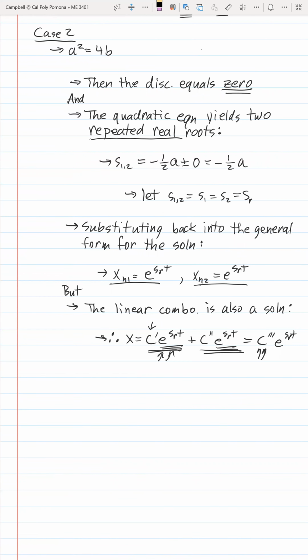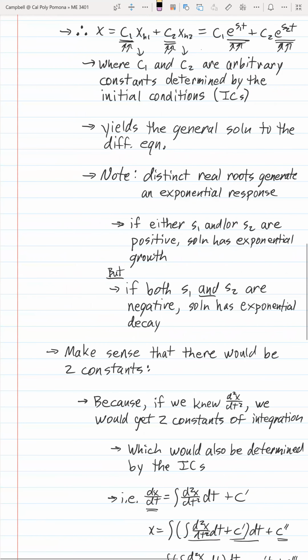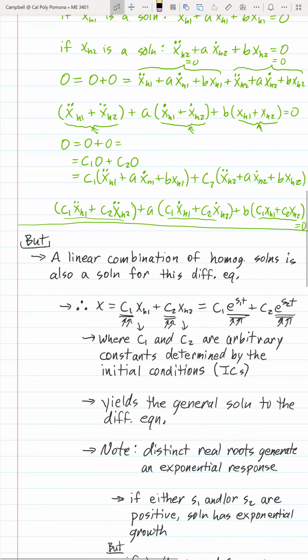Whereas up here, again, there's no way I can choose a C1, no matter what C2 is, there's no way I can choose a C1 that will allow me to take this quantity here and wipe out that quantity there for any value of time. That's the key. It has to be, well, I shouldn't say any, for all values of time.